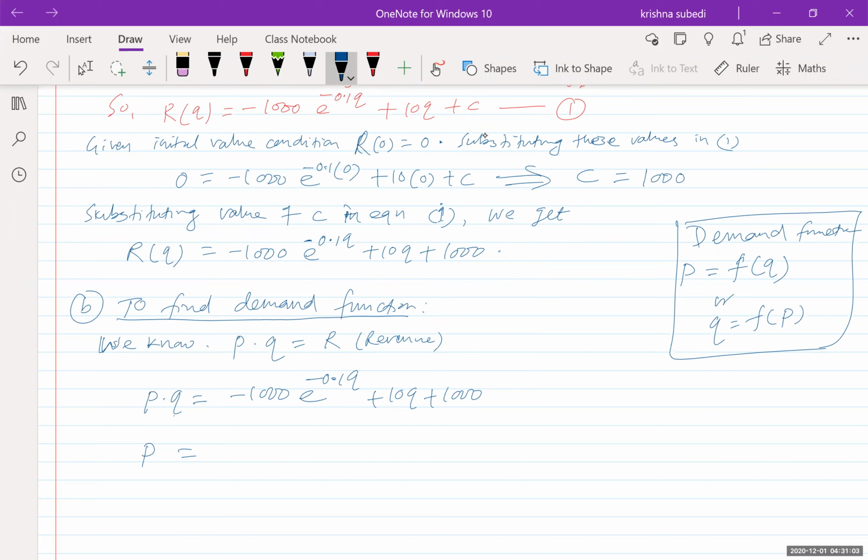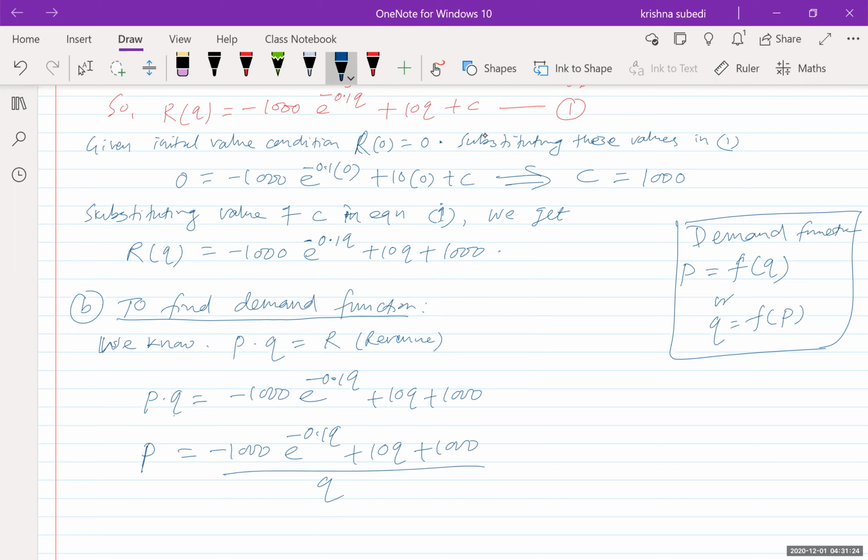So I want to take that Q to the other side. And so we get the demand function as P equals a function of Q. That's going to give me negative 1000 e to the negative 0.1 Q plus 10 Q plus 1000, divided by Q.